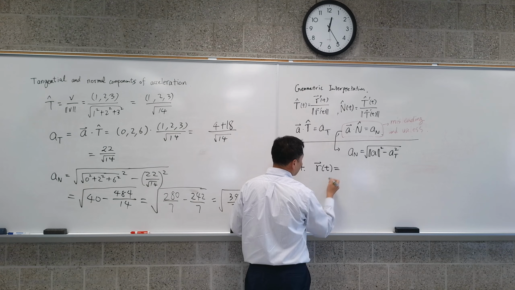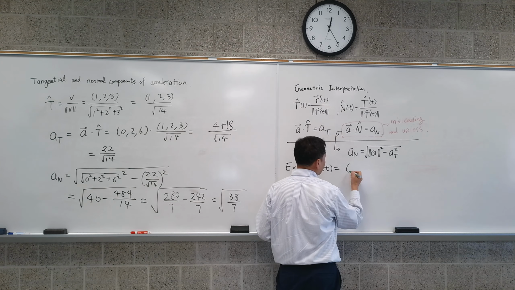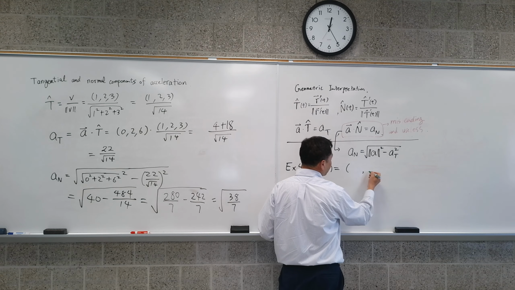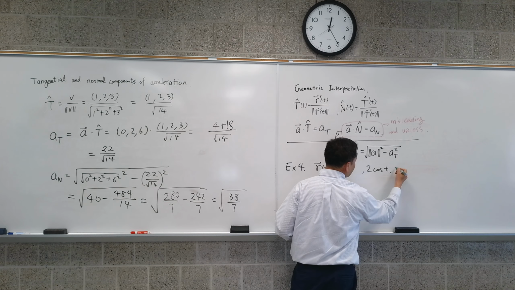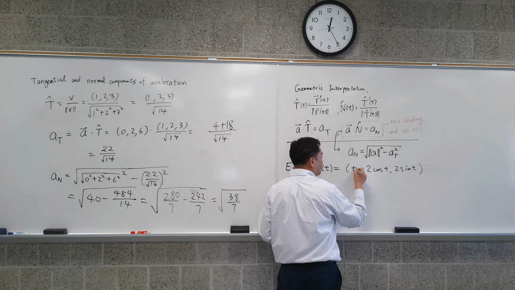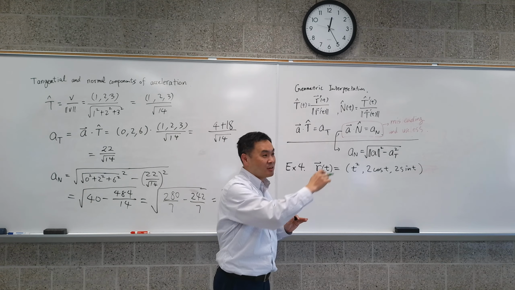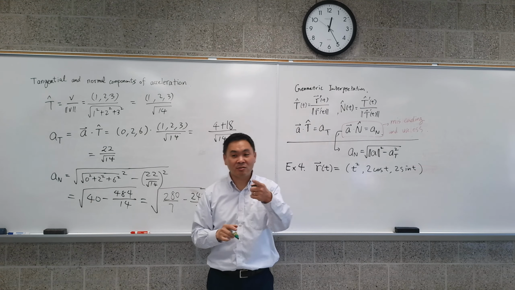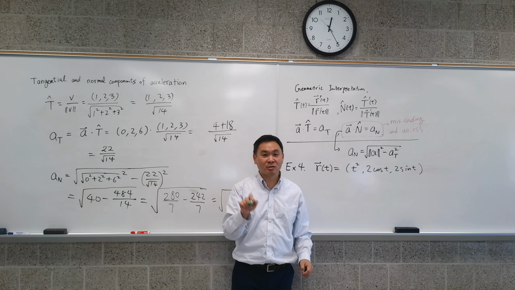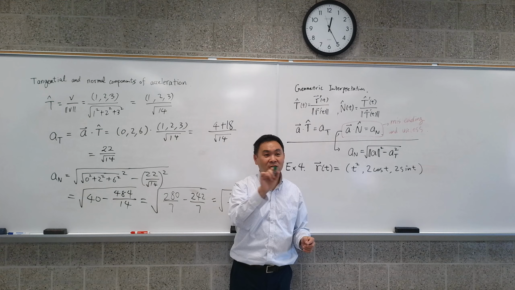So here's a helix that we talked about, let's say 2 cosine t, 2 sine t, but the very first one, I'm going to put a t squared. So it's like a helix. If this is the x direction, it's like doing this, but the x coordinate is speeding up.